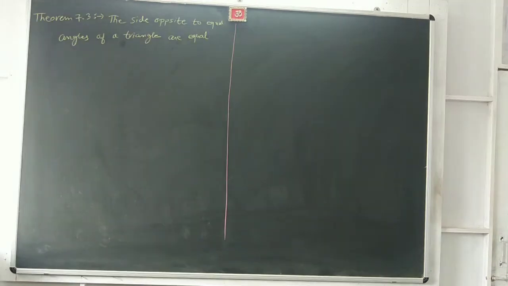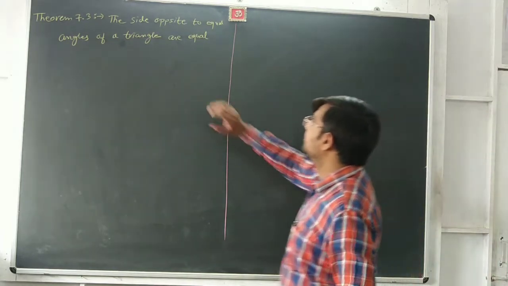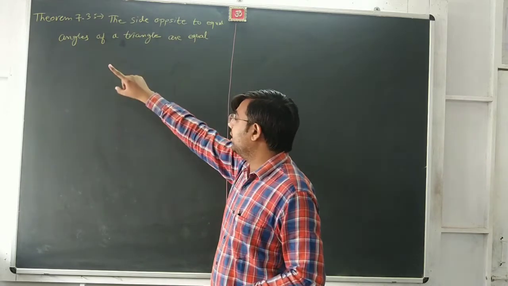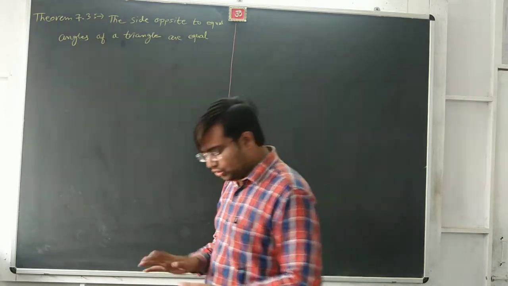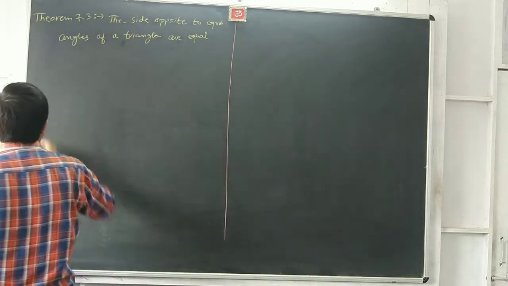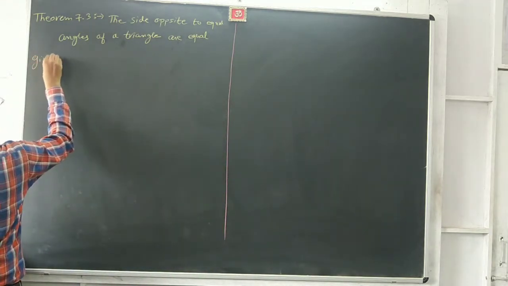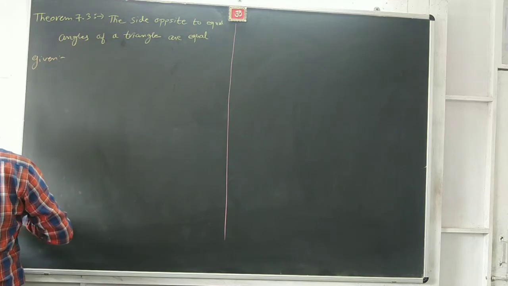Okay, now this is theorem number 7.3. The sides opposite to equal angles of a triangle are equal. This is the statement of theorem 7.3. What is it? The sides opposite to equal angles of a triangle should be equal. So first we have to write the given.